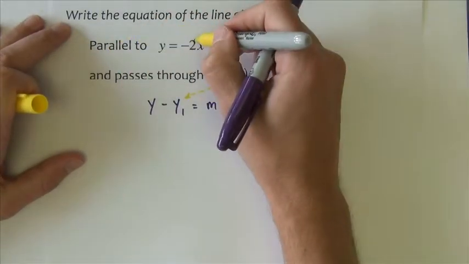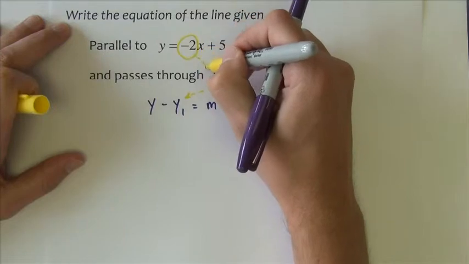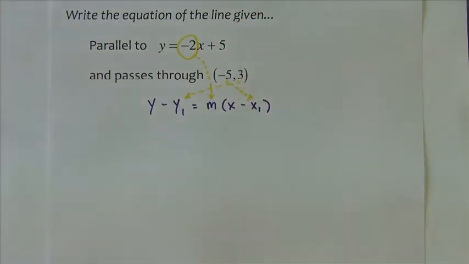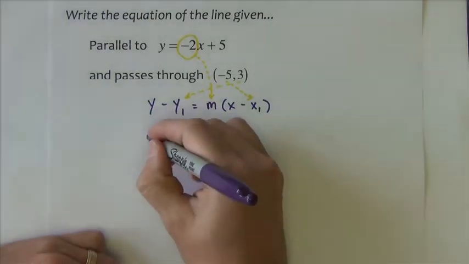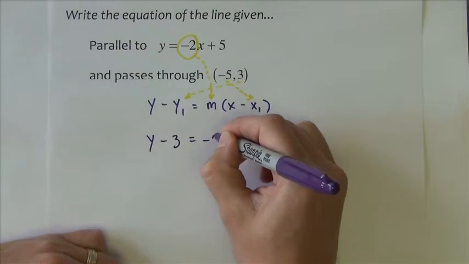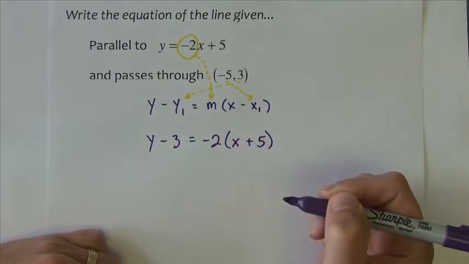Since we want to be parallel to this line, parallel lines have the same slope, so this is the m that we're going to use. We're just going to use that exact same slope value. So we have y minus 3 equals -2x minus -5.